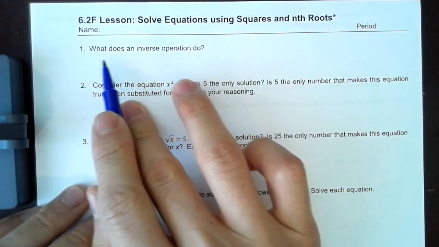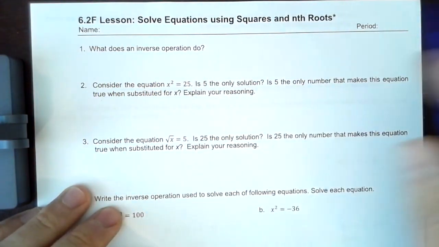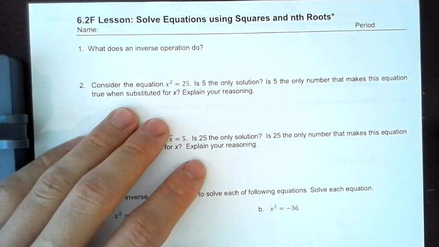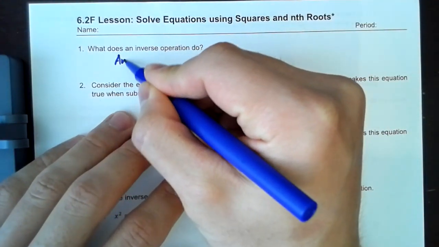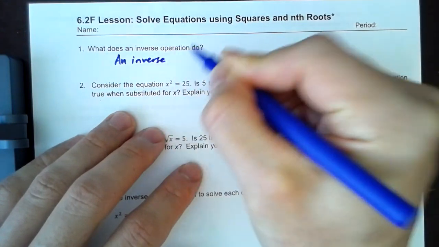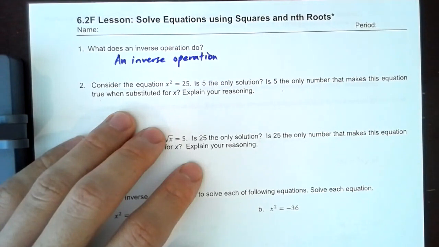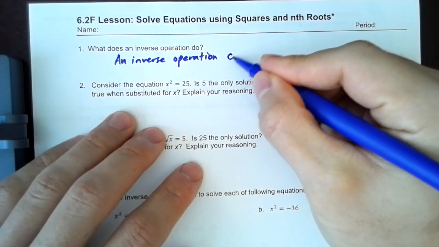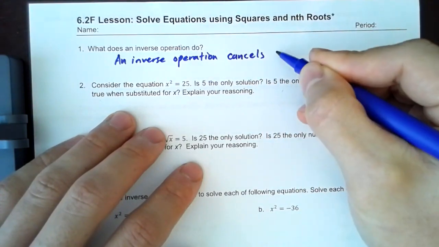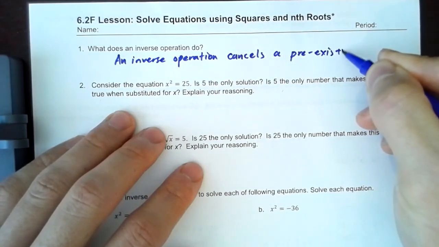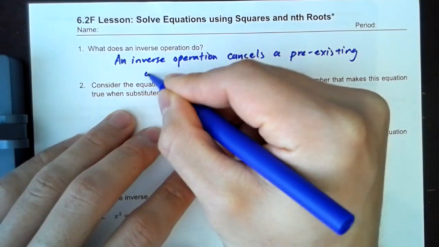So it says, what does an inverse operation do? We've been using inverse operations our entire pre-algebra and algebra years. So we know that an inverse operation simply cancels the previous operation, or it kind of cancels a pre-existing operation.